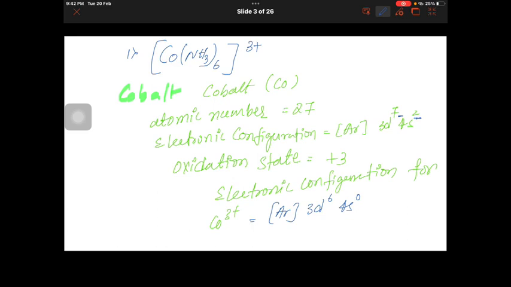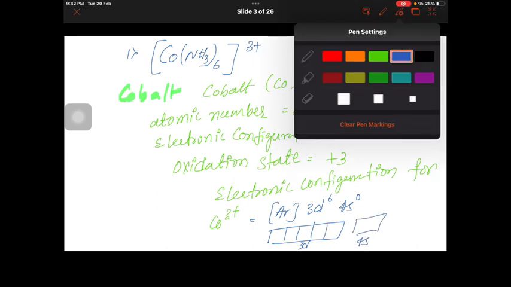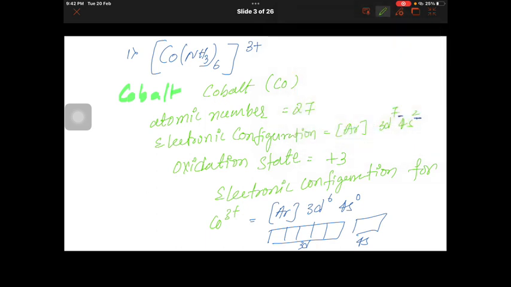Now write the orbital diagram. 3d6 electrons, 4s0. 6 electrons: 1, 2, 3, 4, 5, 6. Here NH3 is a strong ligand.